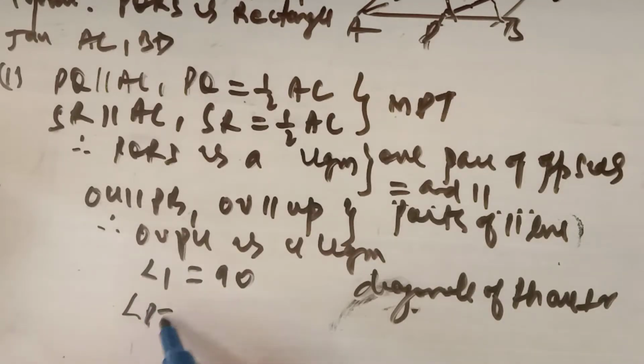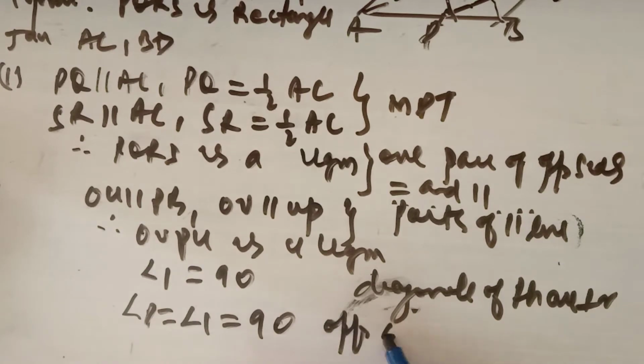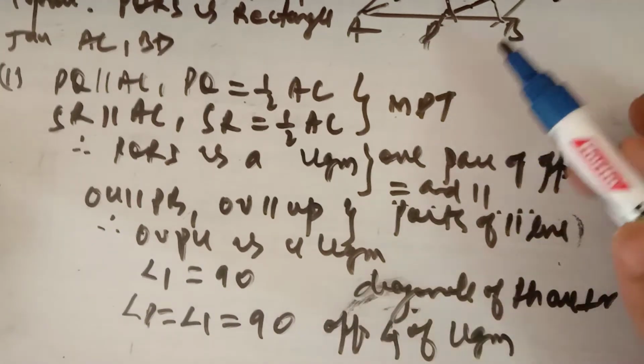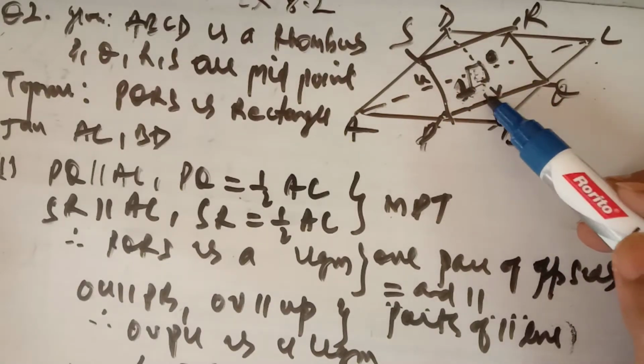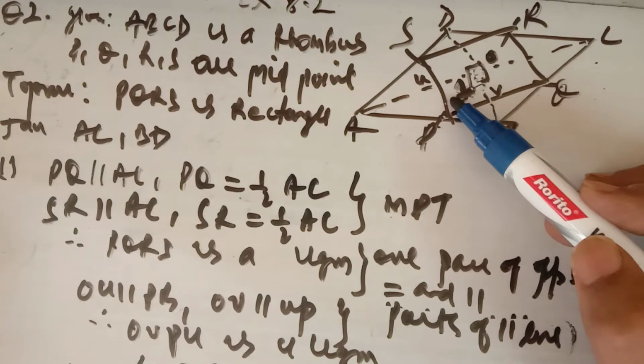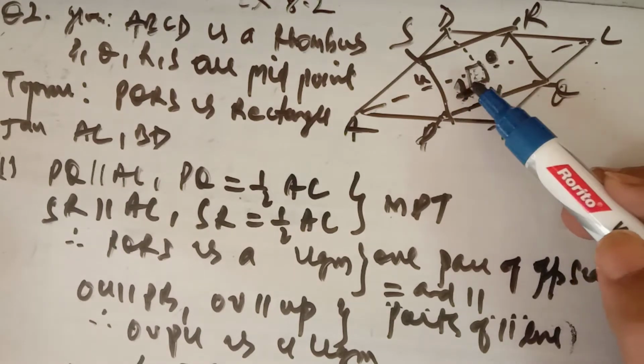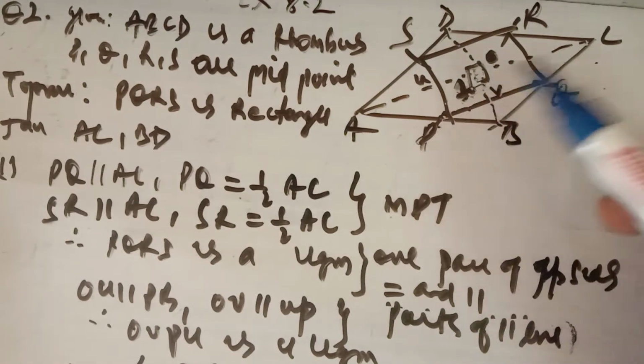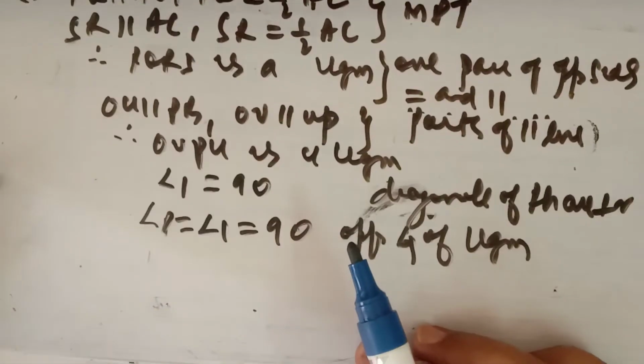Now angle P is equal to angle 1, opposite angles of a parallelogram, since we have already proved that OVPU is a parallelogram. Angle 1 is equal to 90 degrees, therefore angle P is also equal to 90 degrees.